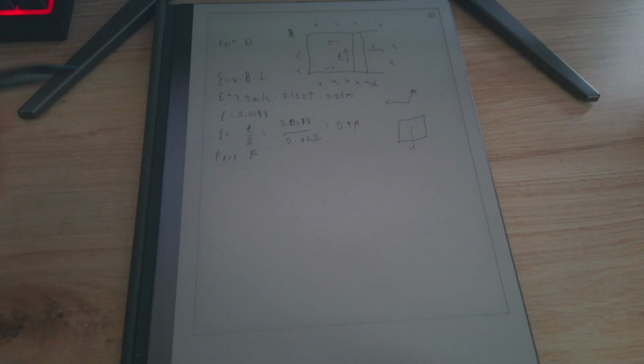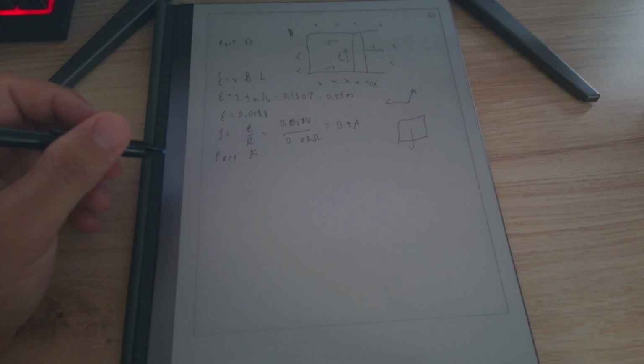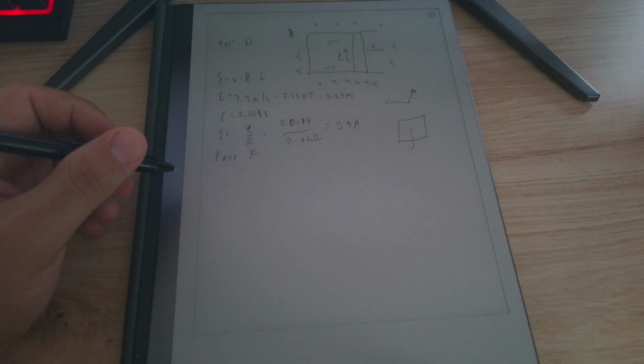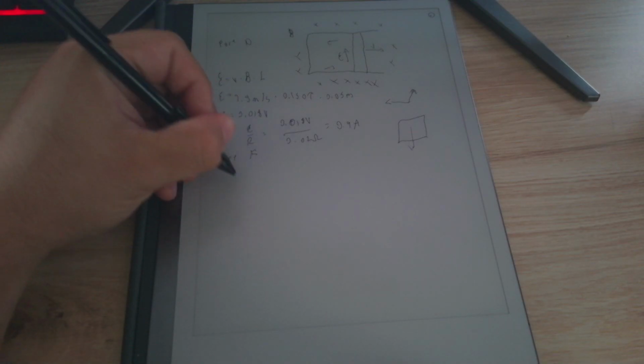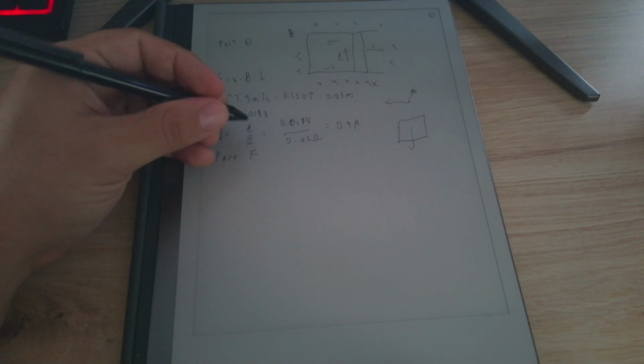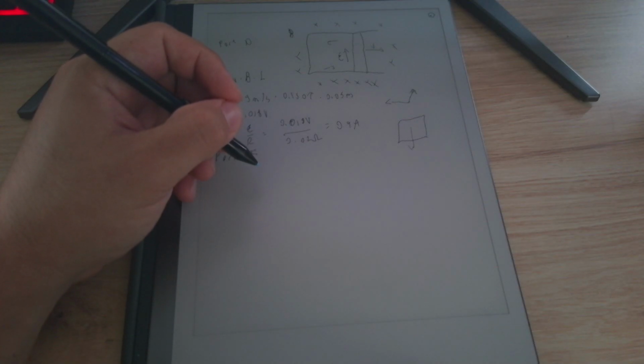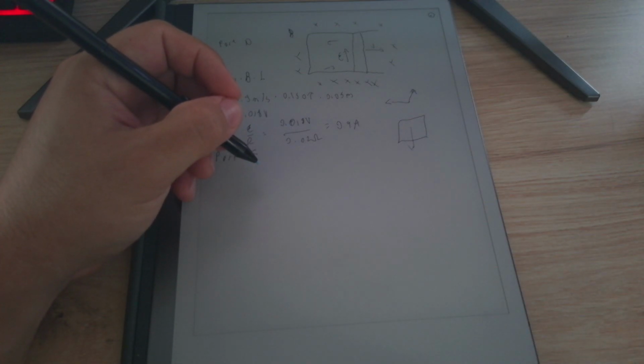The rod moves with a constant velocity, the vector v equal to 1.5 meters per second i plus 2 meters per second j, and a uniform magnetic field, vector B, equal to negative 0.120 Teslas i plus 0.5 Teslas k. Find the magnitude of the induced EMF in the rod.